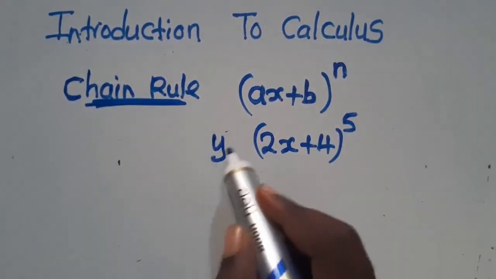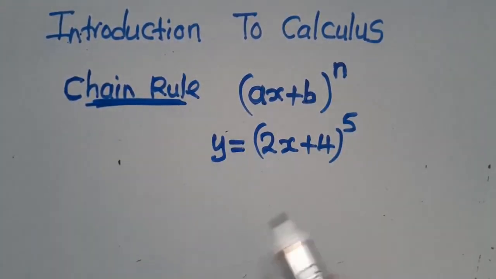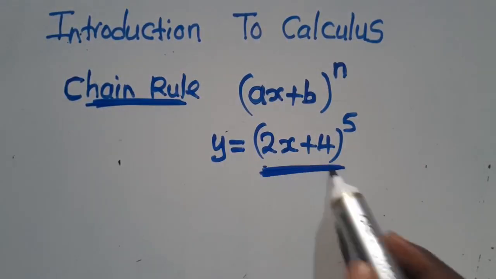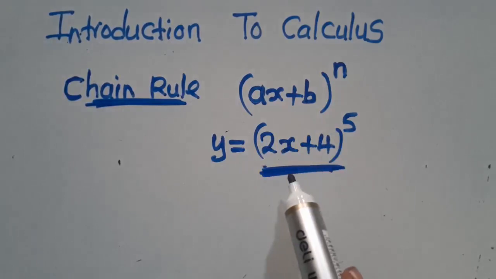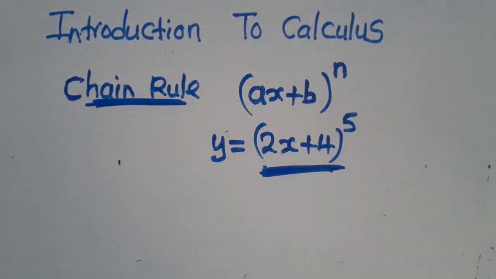You are given y is equal to that. Anything that looks like this, know this, master this, you are supposed to use the chain rule. And there is a specific formula that you are supposed to know and understand.